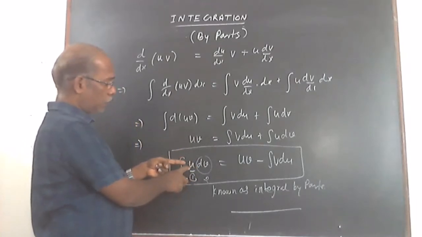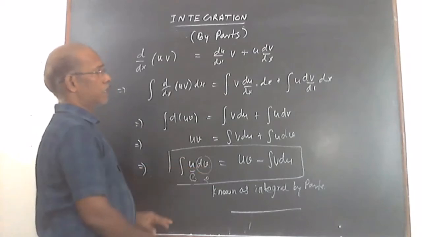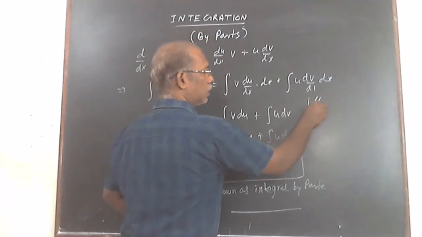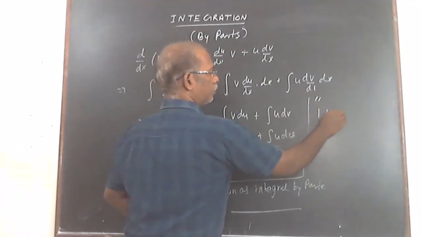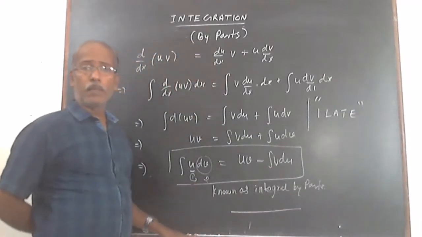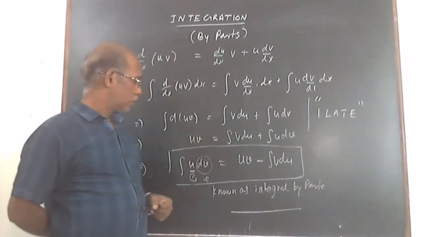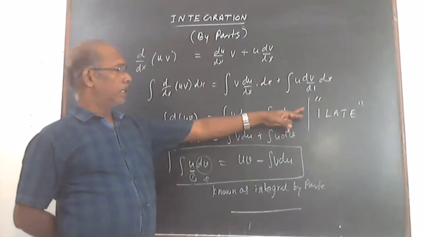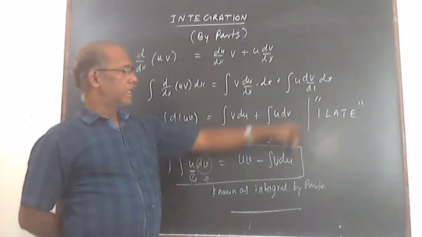To find u, the first function, and the second function, we can follow one indicator, ILATE. Dear student, whenever we have two different real functions as a product in the integrand, we can use the word ILATE.